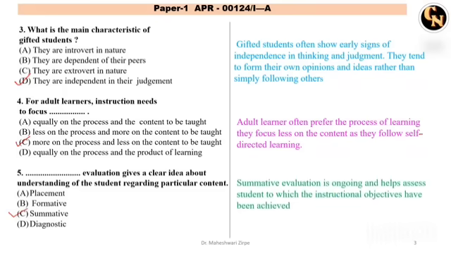Okay, summative evaluation is going to help assess the extent to which the instructional objectives have been achieved. So whether they have understood that particular content, and whether the instructional objectives have been achieved, that can be understood using summative evaluation.